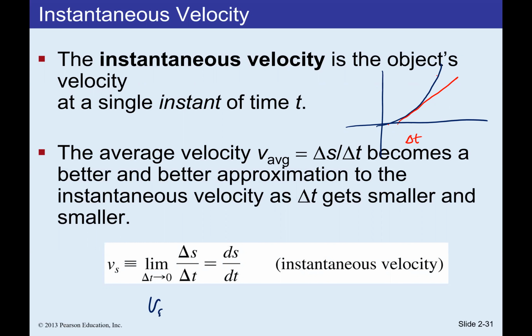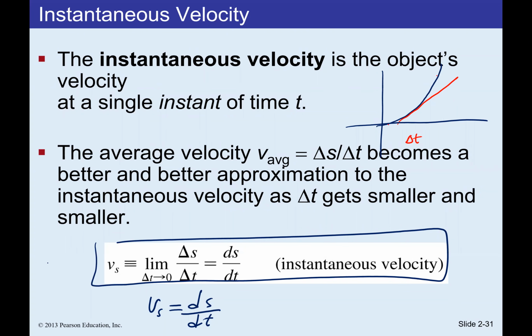Mathematically speaking, the instantaneous velocity is the derivative of s as a function of time, ds/dt. Remember, this is the equation for the instantaneous velocity, which is the limit as delta t approaches 0 of the ratio delta s over delta t.